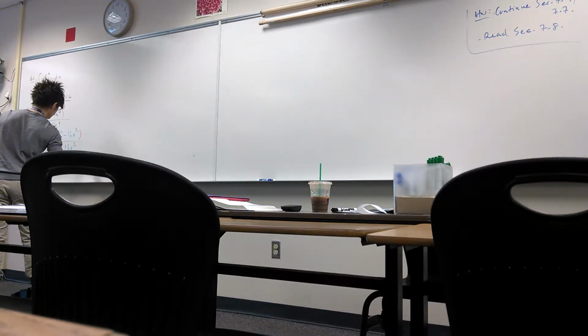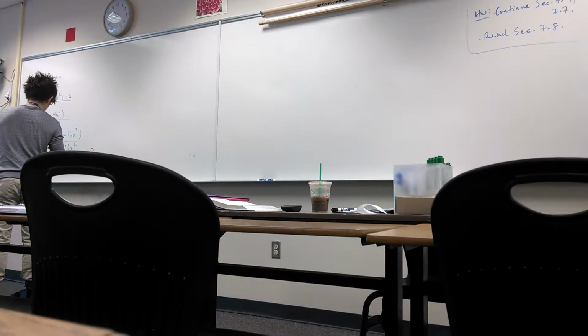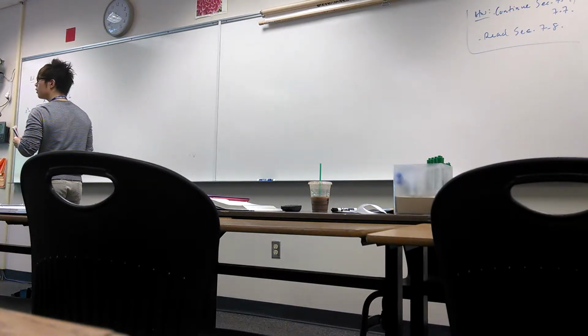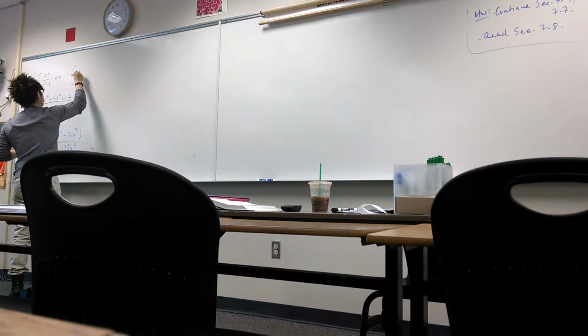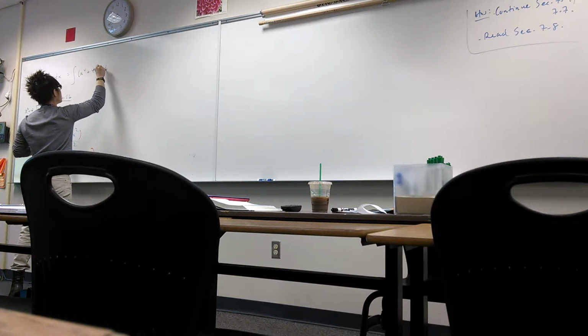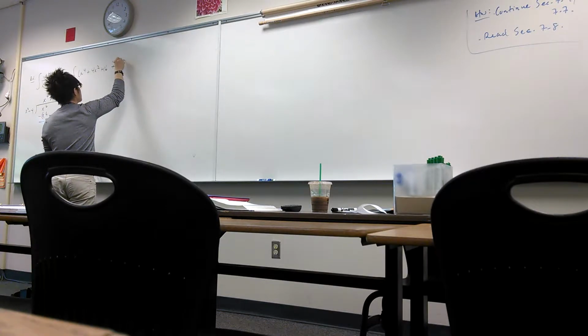Is that right? Yeah. And then subtract, and then you're left with a 64. So this equals x to the fourth plus 4x squared plus 16 plus 64 over x squared minus 4.